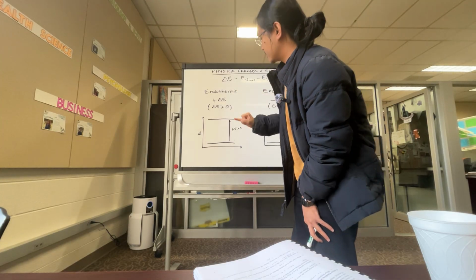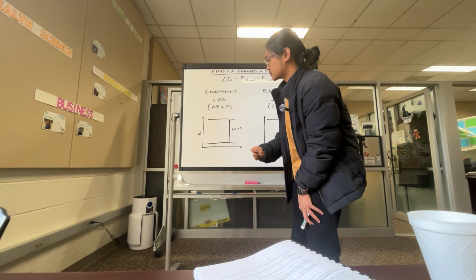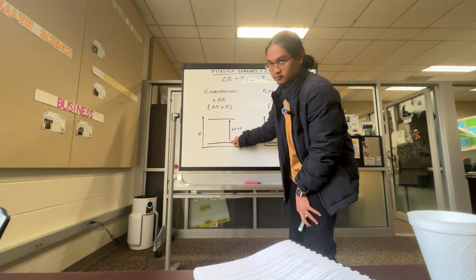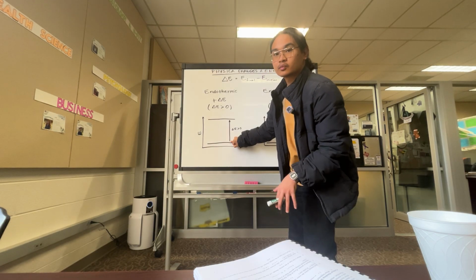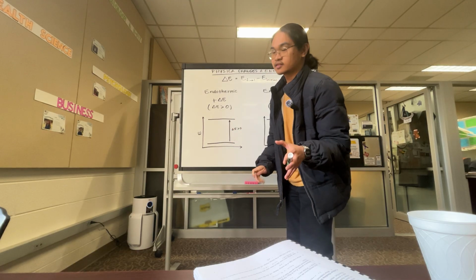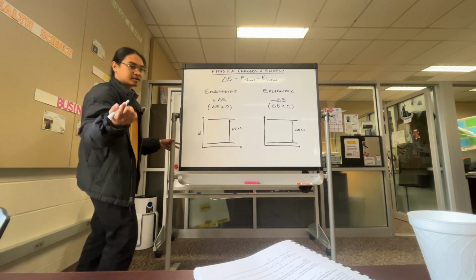So where would I be putting liquid water? Again, the beginning of the arrow is your initial state, and it points to your final state. Your initial state in this case is liquid water.